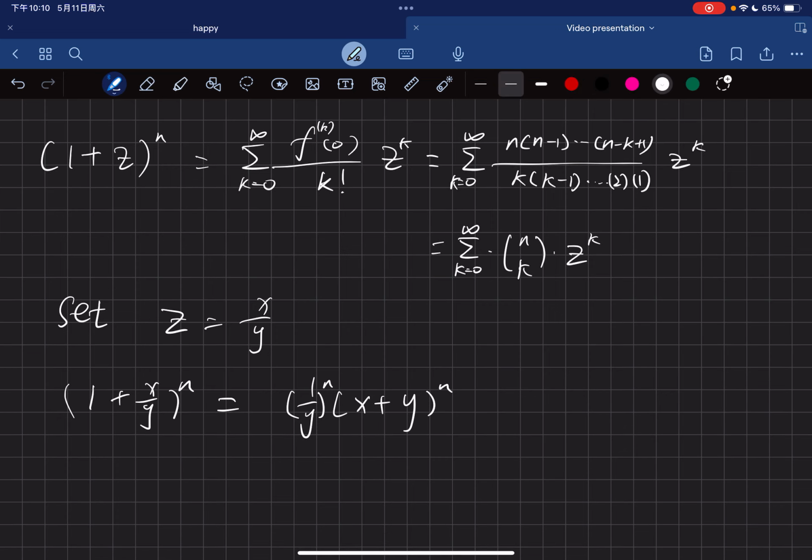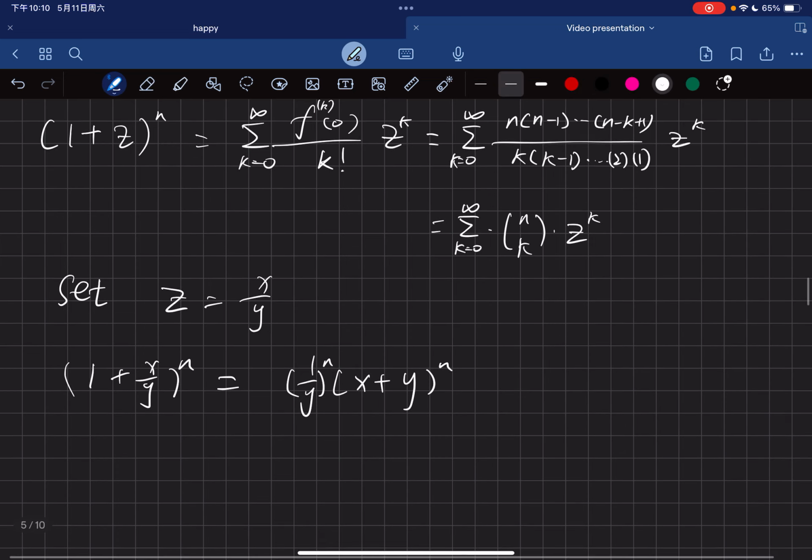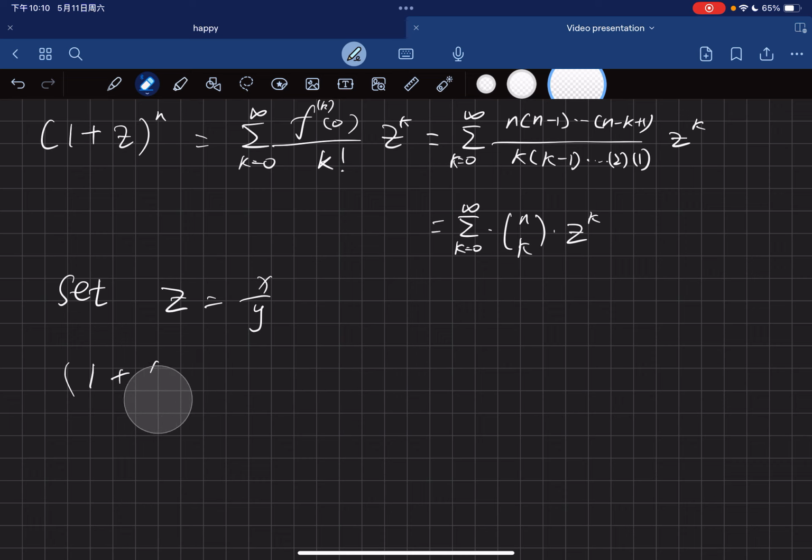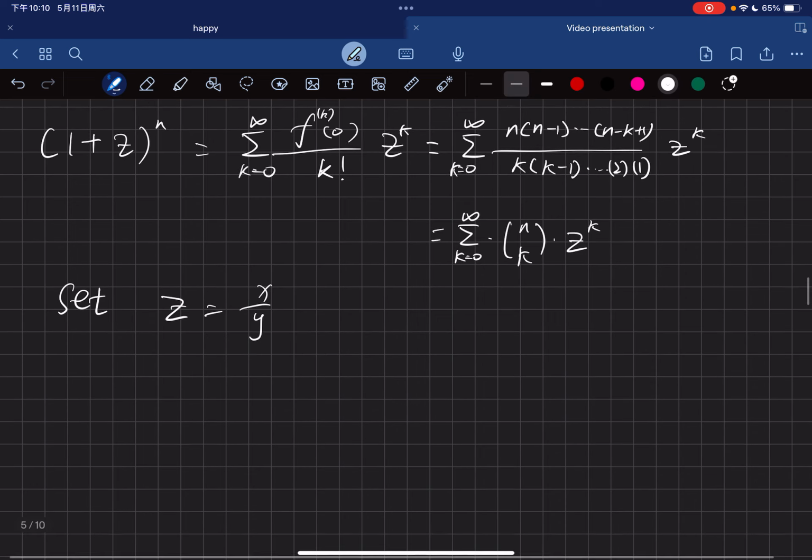So we can find the expansion when x plus 1 to the power of n. If we want x plus 1 to the power of n, we can just extract x or extract y out of the equation.